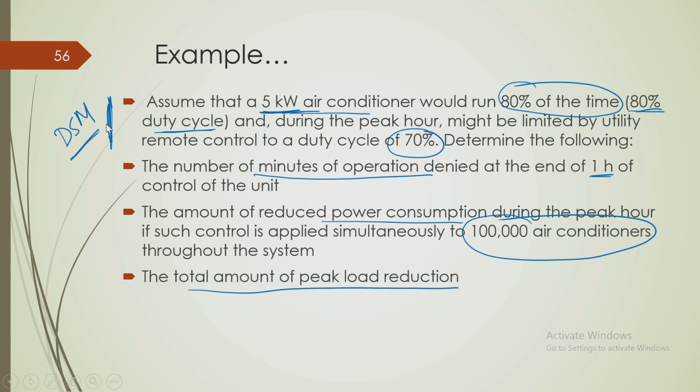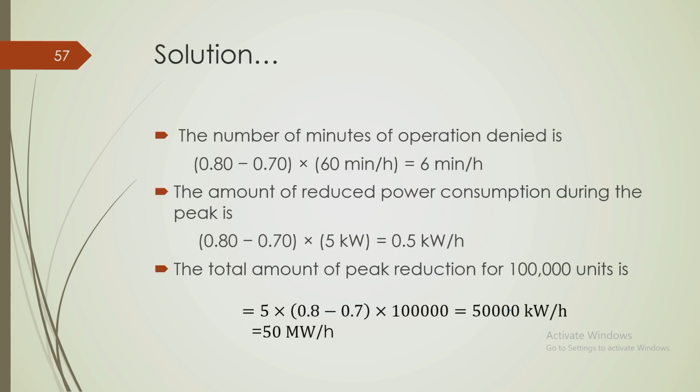Now, if we can do so, then what would be the number of minutes of operation denied per 1 hour of time, what would be the reduced power consumption, and what will be the total amount of peak load reduction if we have 100,000 such air conditioners.